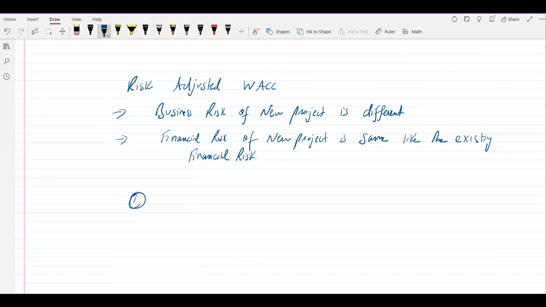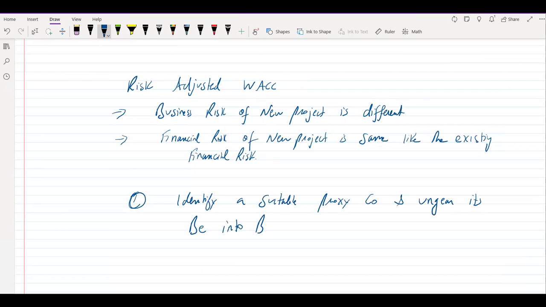Number one step, as your business risk is different, so आप एक प्रॉक्सी कंपनी ढूंढेंगे क्वेश्चन में. Identify a suitable proxy company and ungear its beta equity into beta asset.